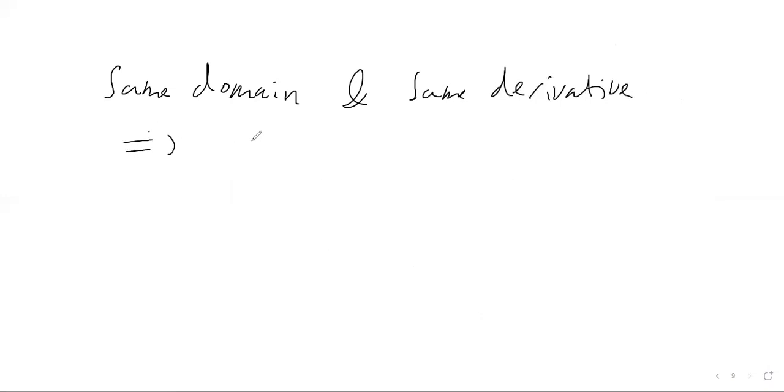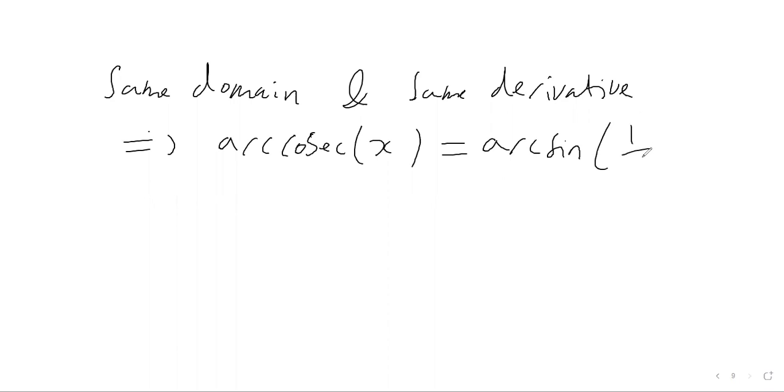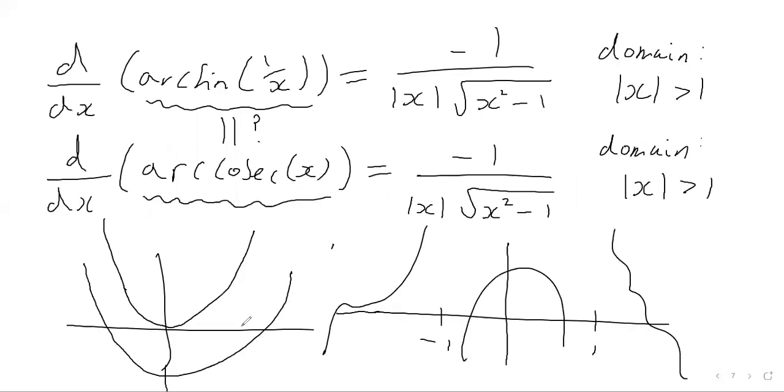So that implies that arc cosec of x is the same as arc sine of 1 over x, up to a constant, so plus a constant c. Sorry, I made a mistake at first, but this is the correct statement. As we showed here, you could still have an extra constant if it is defined on the same domain.